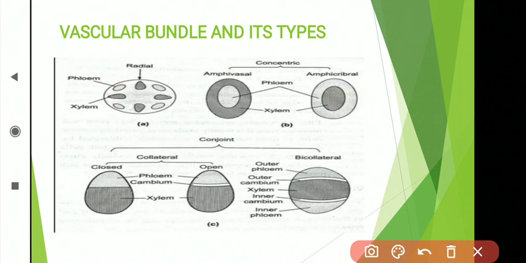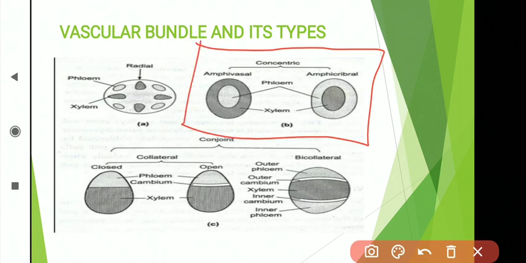Now the second type of vascular bundle, that is the concentric vascular bundle. Here this is the concentric vascular bundle. This is the second type of vascular bundle, called a concentric vascular bundle.